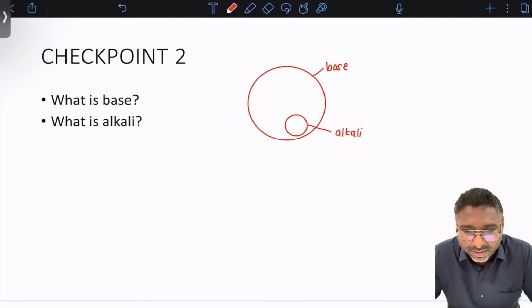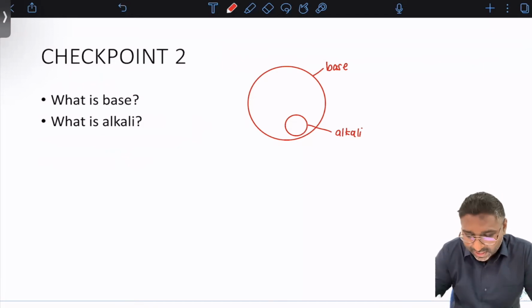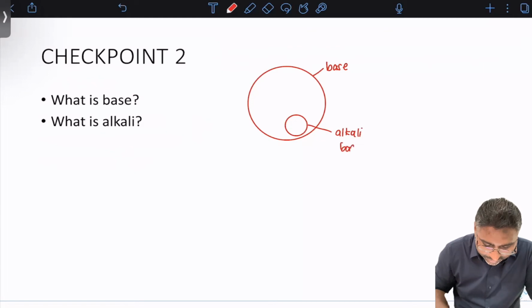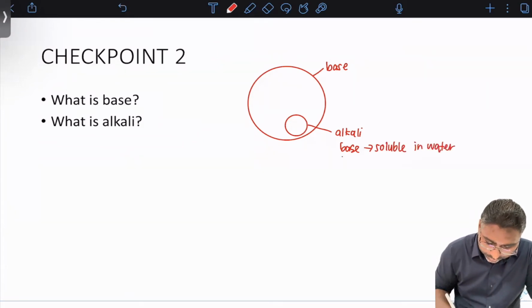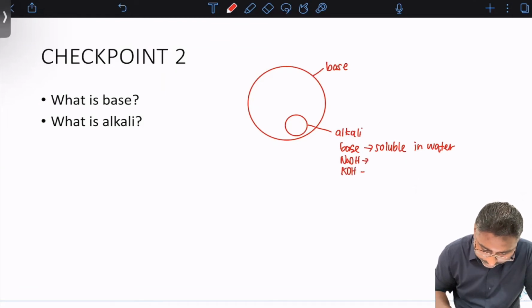So what is the difference over here? Alkali is actually a base that is soluble in water, which is similar to what Rakesha mentioned. Generally, sodium hydroxide and potassium hydroxide are soluble in water, so they are going to be alkalis.